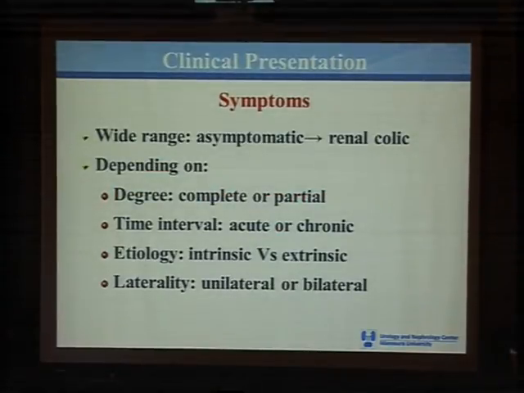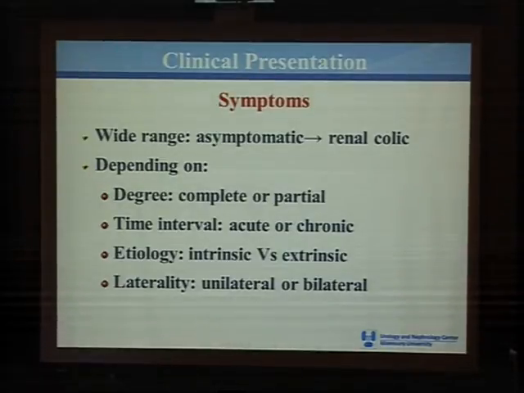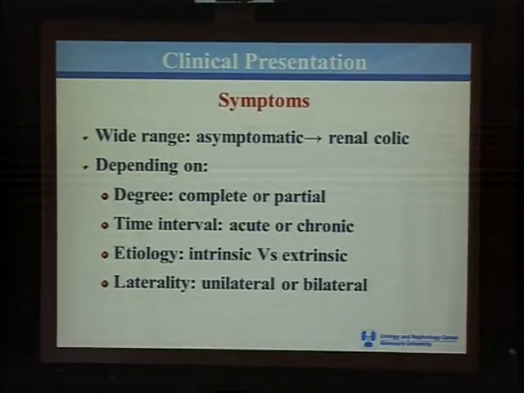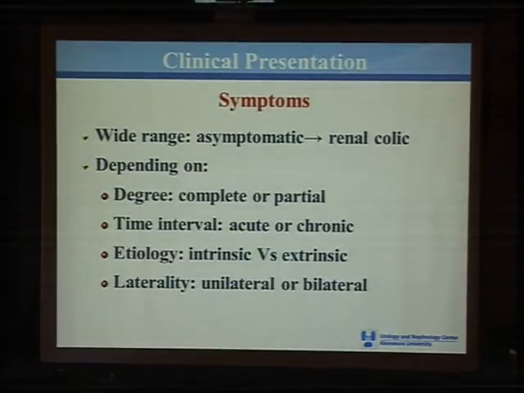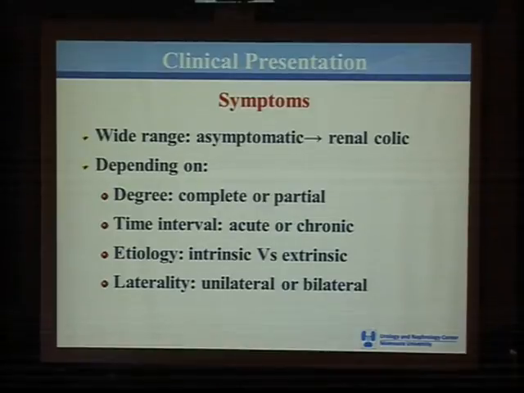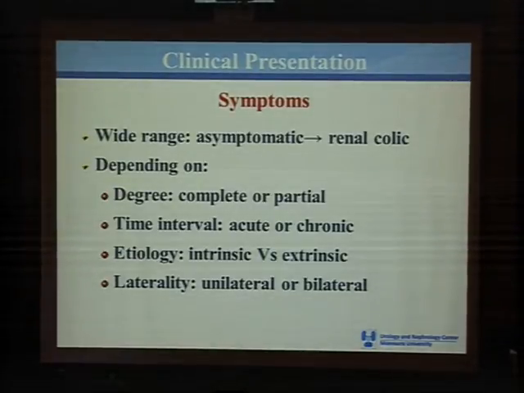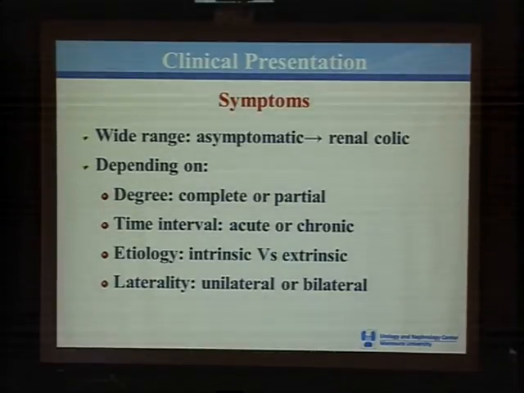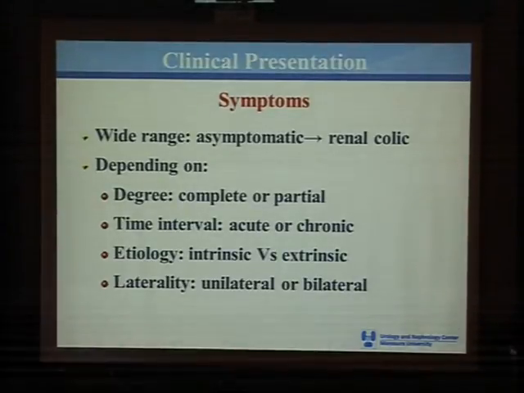We are going to start with a clinical presentation in terms of symptoms and signs. For the symptoms, it has a wide range, from no symptoms at all to the other extreme of acute renal colic necessitating admission to the hospital. What are the factors that affect the degree of acute renal colic?